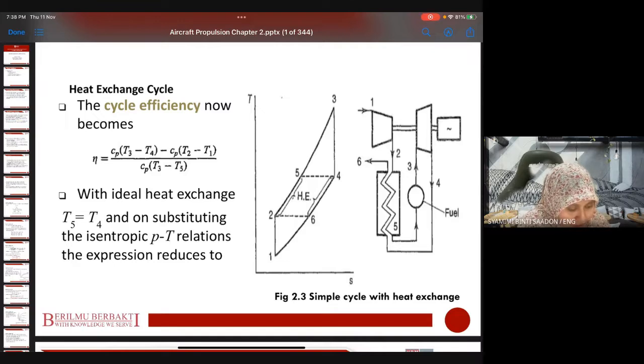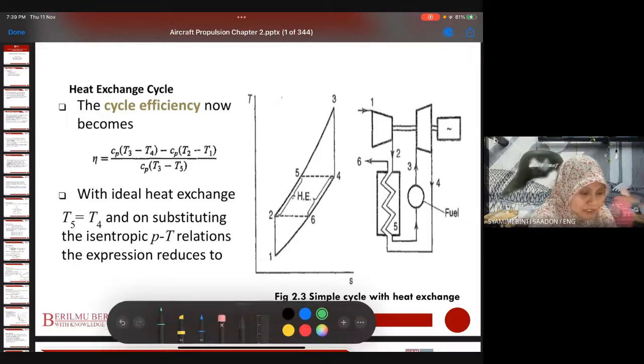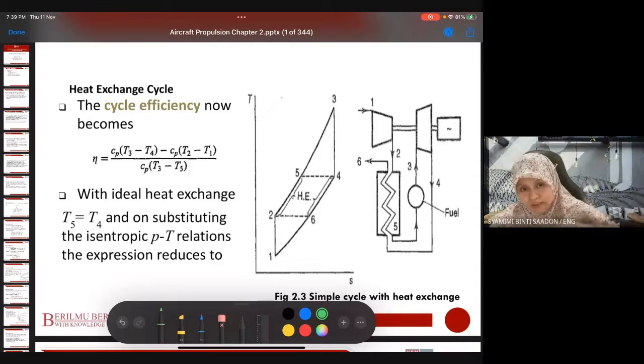Why do we first introduce this regenerator? One of the reasons is that we want to reduce the use of heat supply, heat source. If you remember just now, the definition of cycle efficiency is the net work output produced over the heat supply.